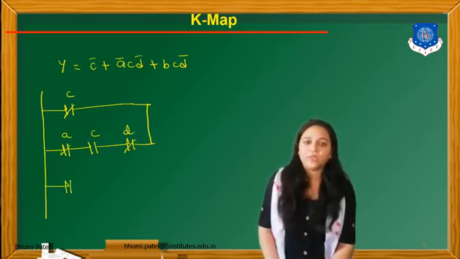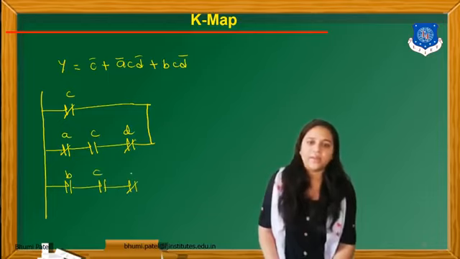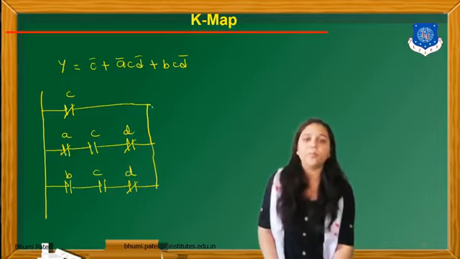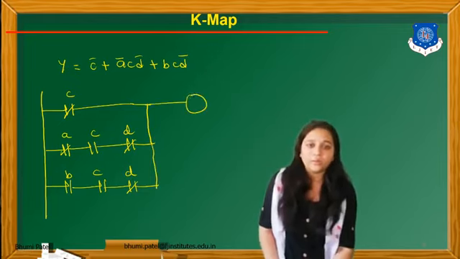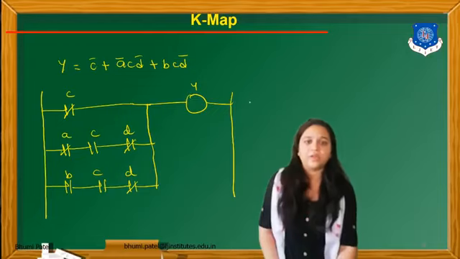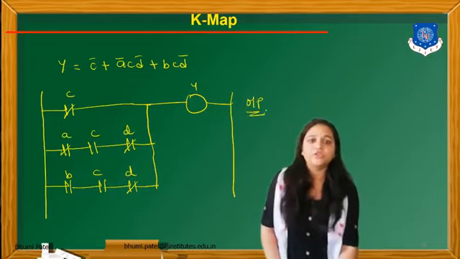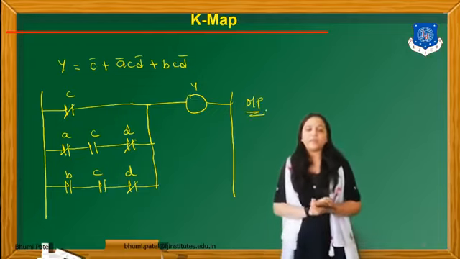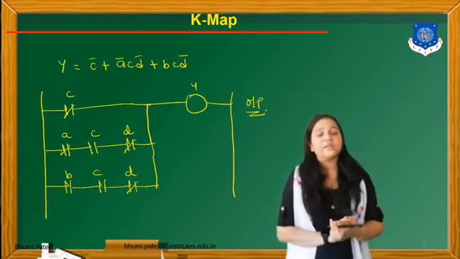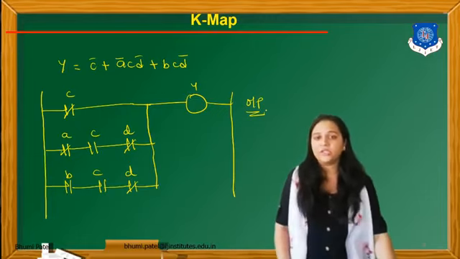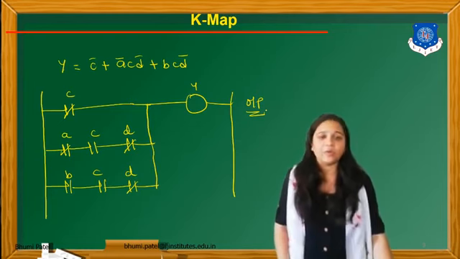So we can put here B C as a normally open contact, and then we can connect the D as a normally closed contact because D is in the complement form and Y is my output for this particular K-map. Okay, so using this K-map method we can simply draw the ladder logic diagram for this particular function.